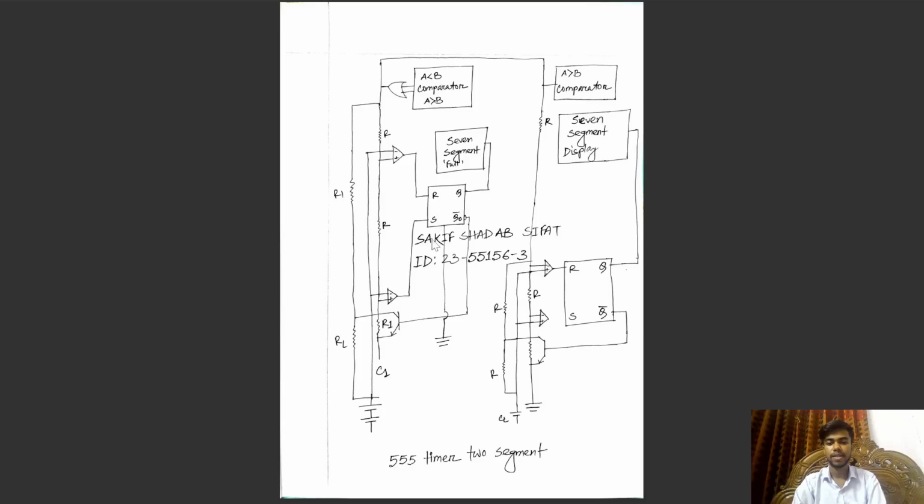This is R and this is S and this is Q and Q bar, and here is another resistor, and we have another 7 segment display and another A greater than B comparator. So this is the overall overview of the 555 timer seven segment display.